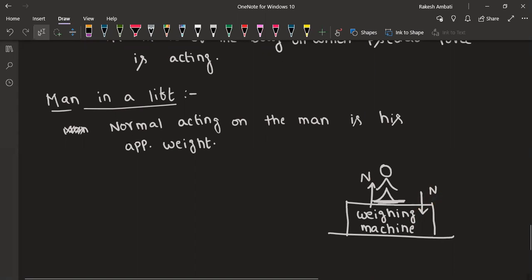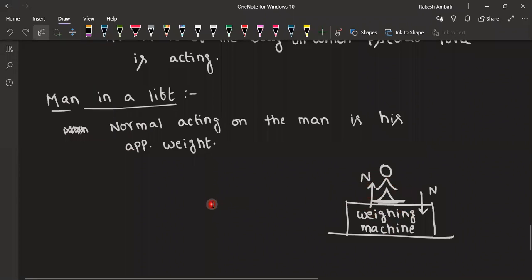In all cases, to find the apparent weight means to find the normal force acting on the man.